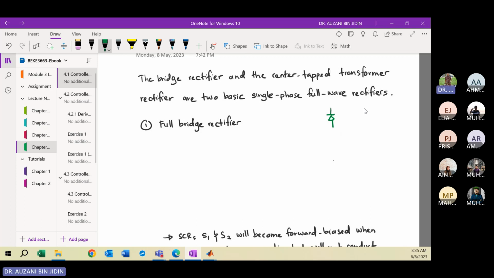This is the diode, and the thyristor SCR has an additional terminal, which is the gate terminal. Here is the anode, this one will be the cathode, and the additional terminal is the gate.